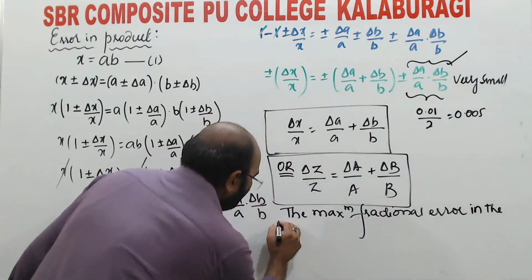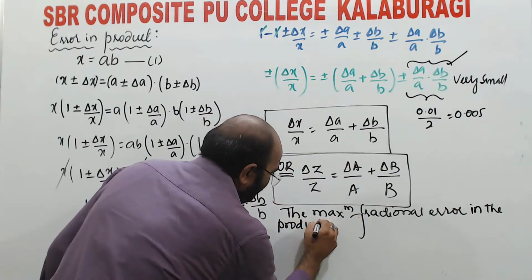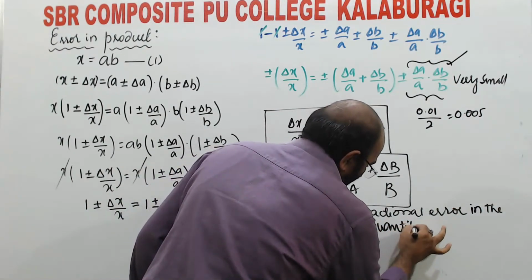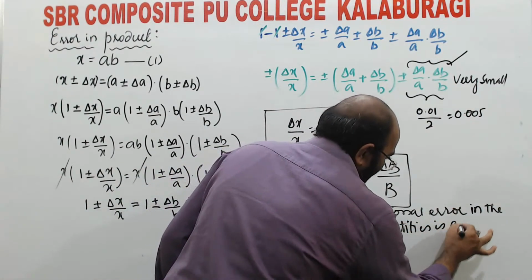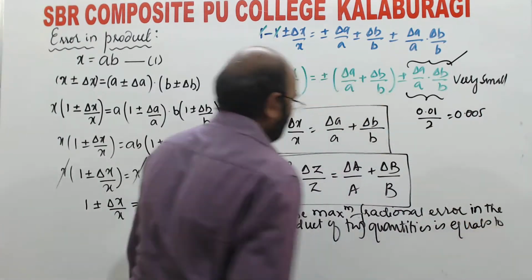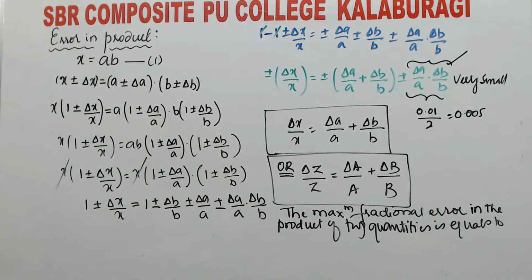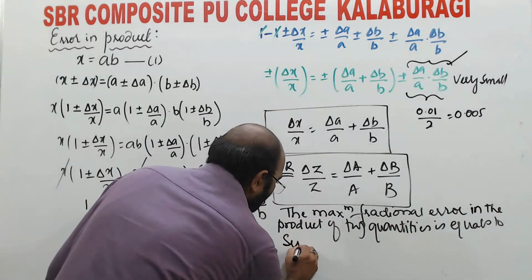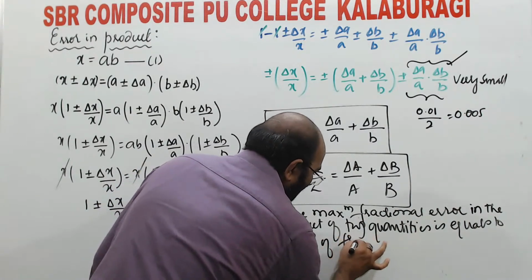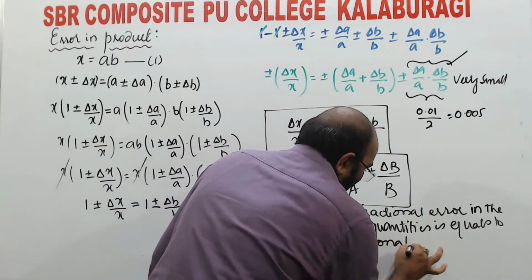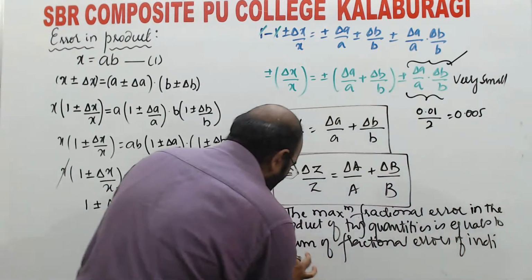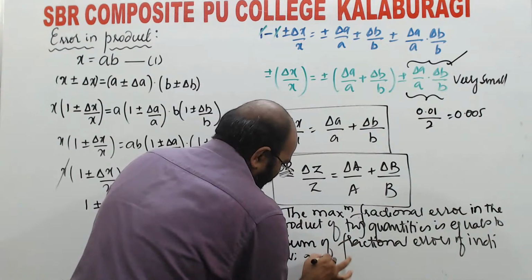is equal to the sum of fractional errors of individual quantities.